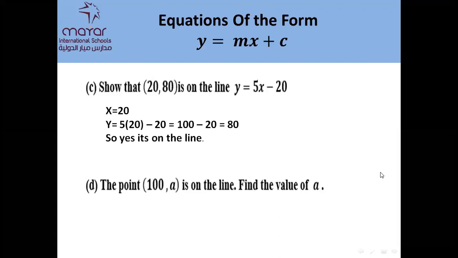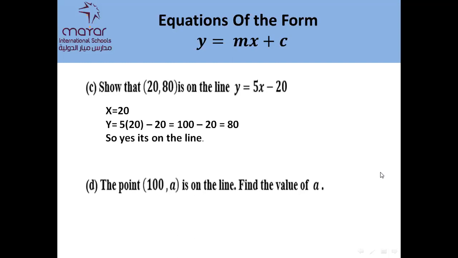Find the value of A. So x is 100 and y is A. We have to find y, which is A. We do 5 times 100, which is 500. And we subtract 20, which is 480. So A is 480. Yes, excellent.